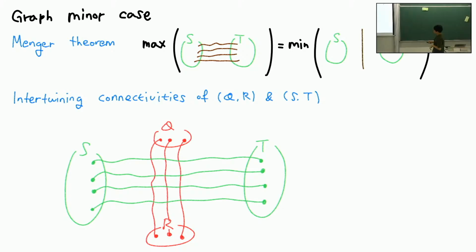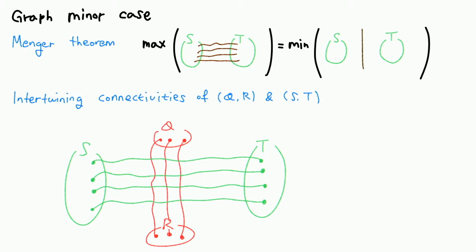So now I want to talk about the motivation of our main result by introducing some similar theorems for different objects and operations. First, I want to discuss the graph minor case, and we start with Menger's theorem.